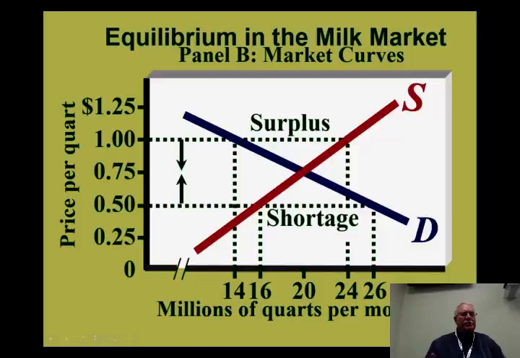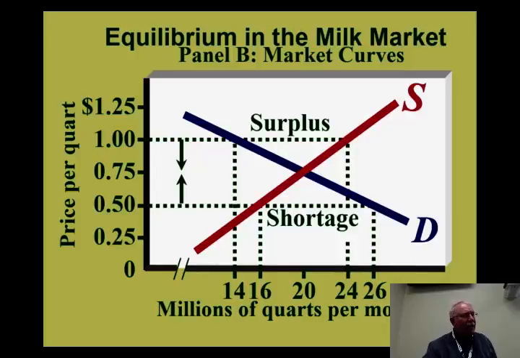If I ask where the equilibrium is, and you say it's where quantity demanded equals quantity supplied, that answers that question. The equilibrium is at 75 cents in this example, because that is where the quantity demanded equals quantity supplied.